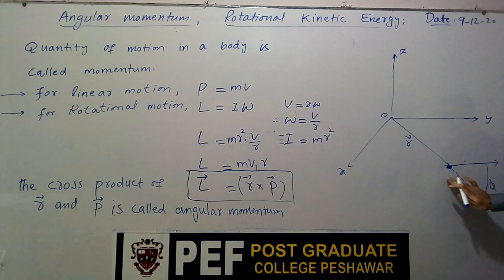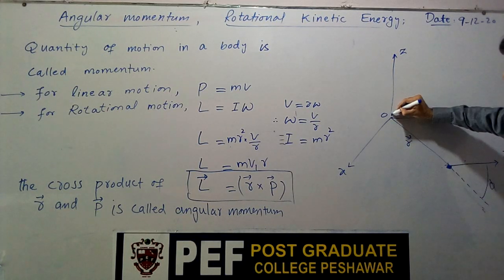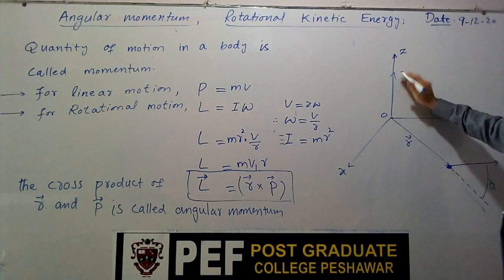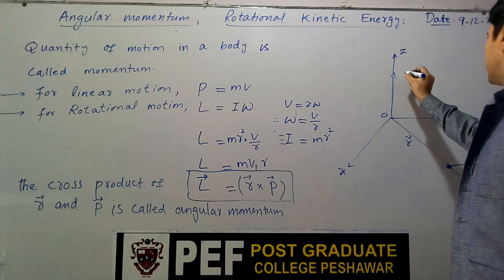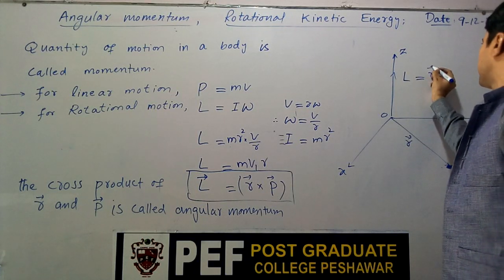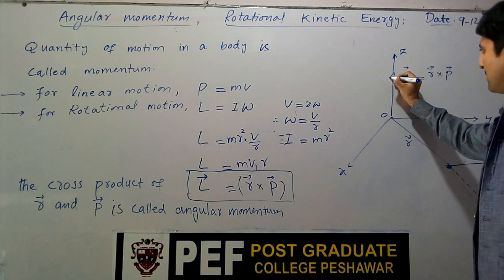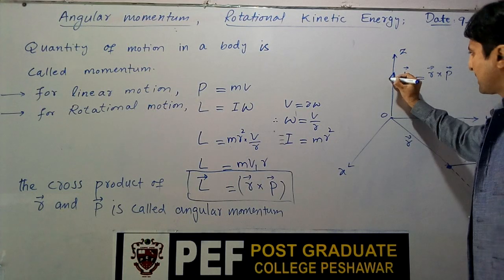So, in which direction will the angular momentum be? The cross product r cross p will be in the upward direction like this. This will be the direction of angular momentum L equal to r cross p. You can see the diagram.